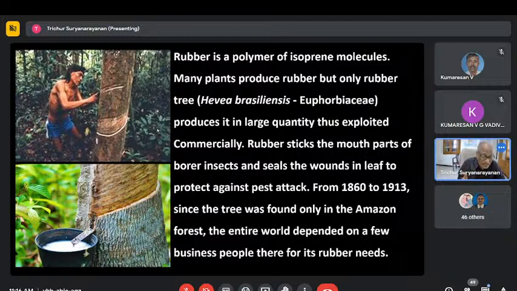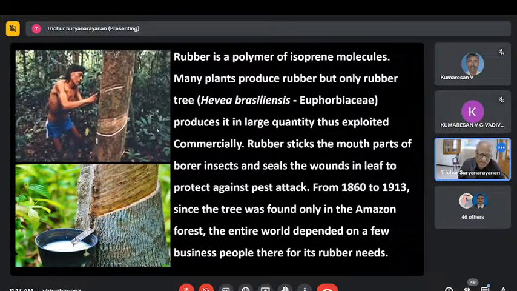Also, if there is a wound, rubber is secreted and that will seal the wound, so that through that wound fungi or bacteria cannot enter and cause more damage to the plant. So rubber is produced as a latex by the rubber tree for its own protection against pest attack.